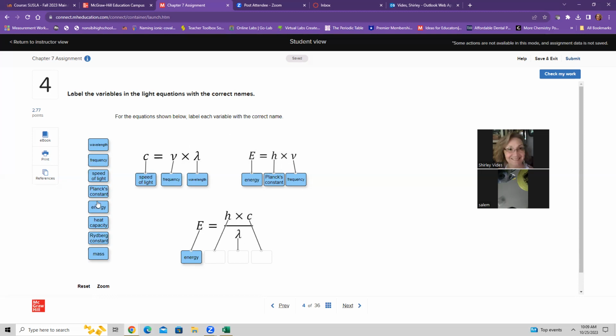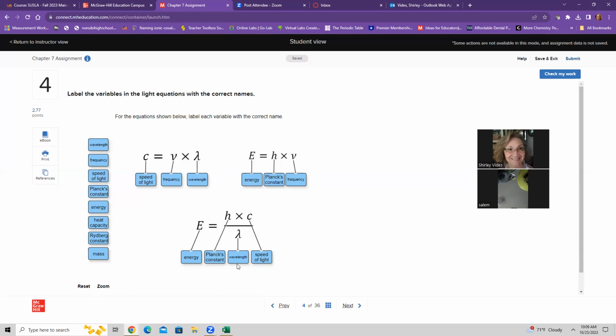Sometimes you just need the one with the nu, but sometimes they only give you the wavelengths, so you've got to do the other one. The last one is energy equals Planck's constant times speed of light over wavelength, correct.